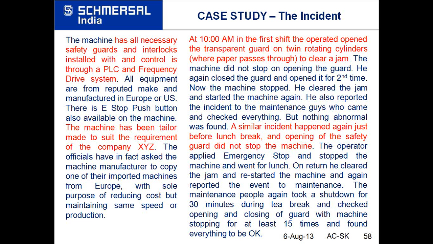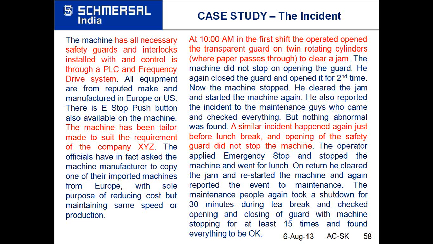On return, he cleared the jam, restarted the machine and again reported the event to the maintenance people. This is the second incident the same day, a few hours later, where the guard was opened but the machine didn't stop. He had to apply emergency stop, and this event was also reported to the maintenance people.